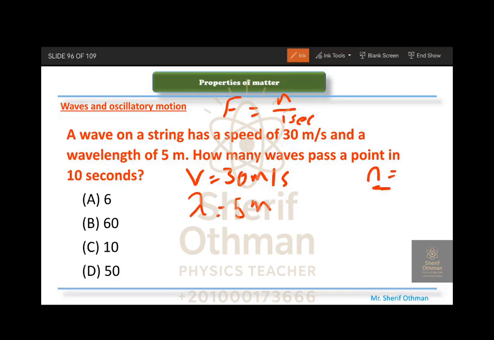So v is equal to wavelength divided by time, and 1 over time is equal to frequency. So v is equal to the wavelength multiplied by frequency, which means the frequency is equal to v divided by the wavelength.